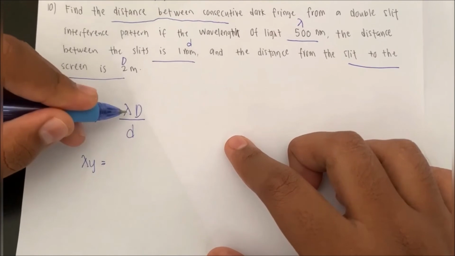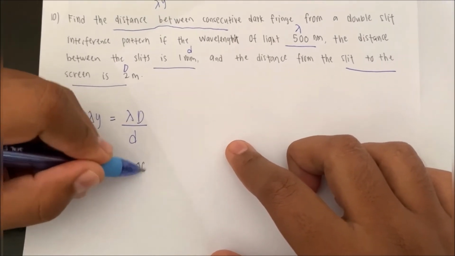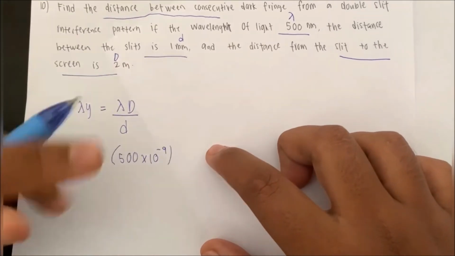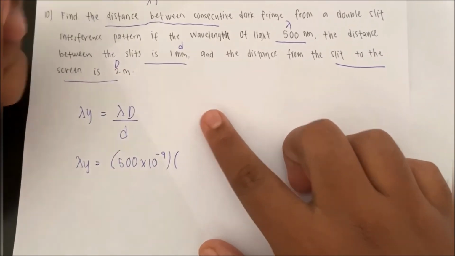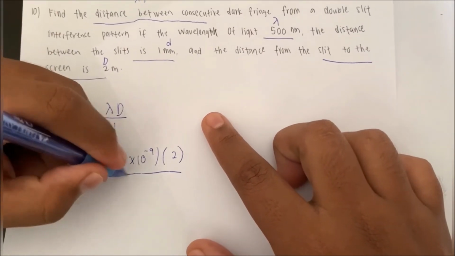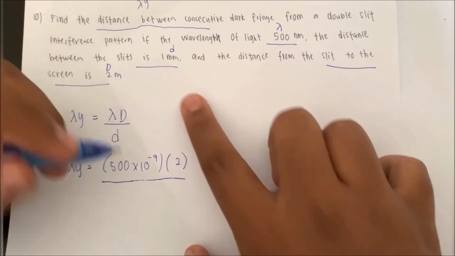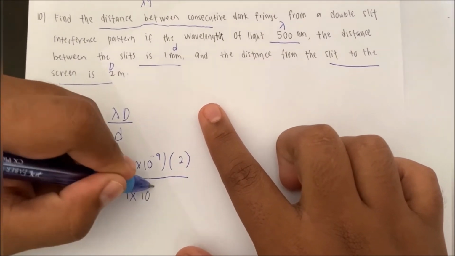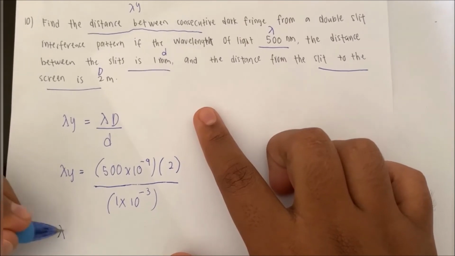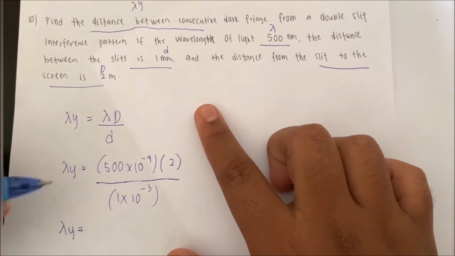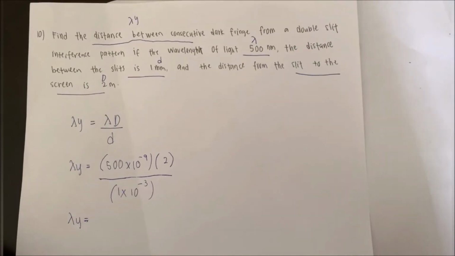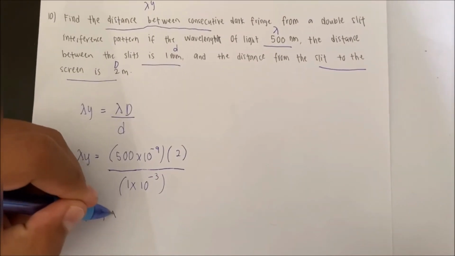Delta y, lambda is 500 nanometer times D 2 meter over 1 times 10 to the power of negative 3. So we press the calculator and then the answer is 1 times 10 to the power of negative 3 meter.